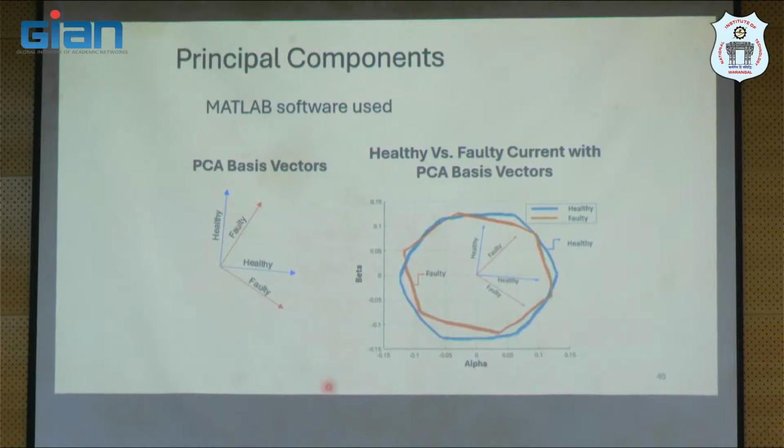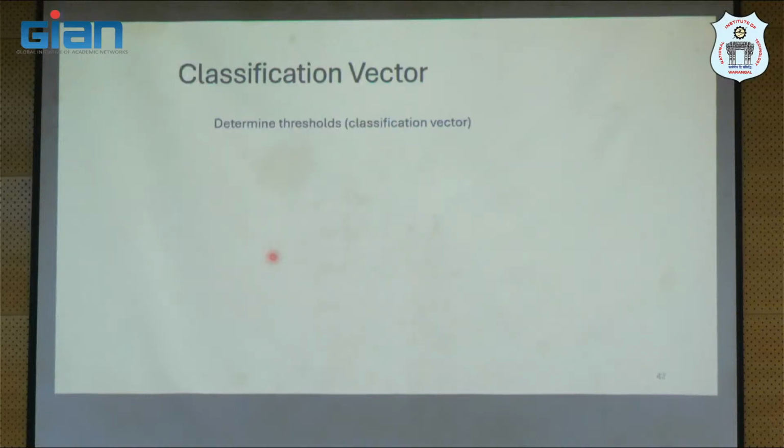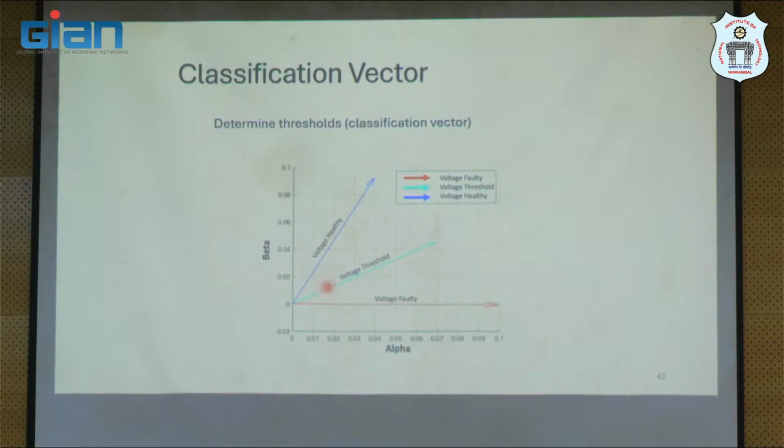So what I can do is define a threshold vector, which is basically a vector in between healthy and faulty. And I can say that if the value is below the threshold, it is faulty. If the value is above the threshold, it is healthy. So classification becomes very easy.